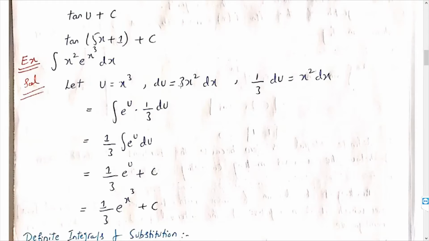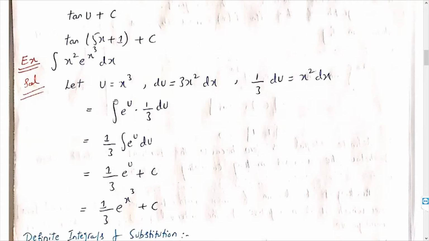Taking 3 to the left side, I get 1 by 3 du equals x squared dx. Now x squared dx is part of the integrand. That means the substitution is okay.